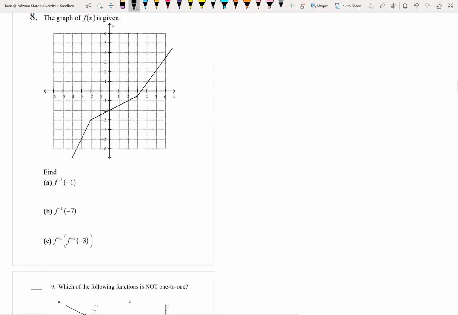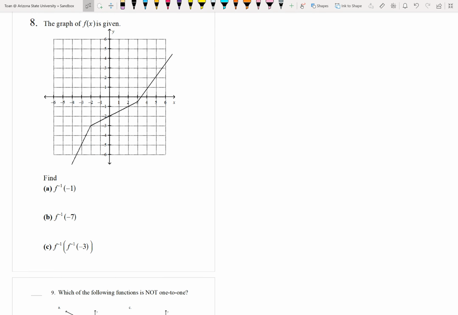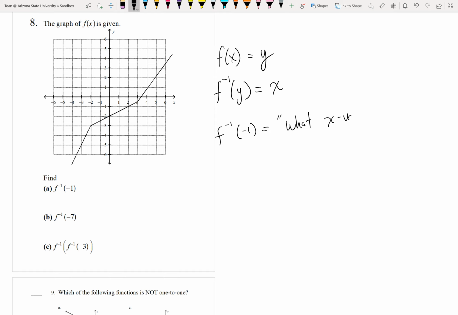Number 8 was more just graph reading, but the idea is that if a regular function takes in x's and spits out y values, then an inverse function takes a y value and spits out x's. So for letter A, for example, if you saw this notation, this is asking you what x value has a y value of negative 1, right?